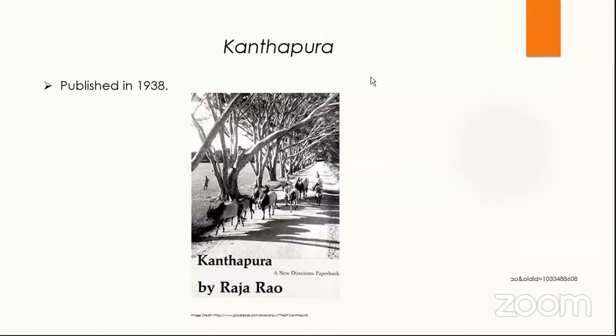All right, coming down to the plot of this novel. This plot is set in a village called Kantapura, where it starts where a person finds the idol of Lord Shiva, and he goes ahead and places it and starts religious discourse in the literary sense.